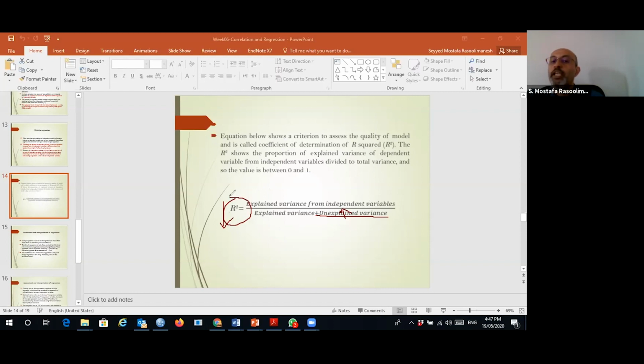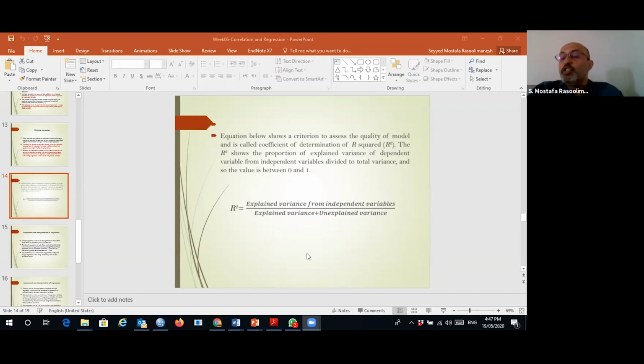So we try to get a higher R square, but it's not always possible, because R square depends on the independent variables and the variance explained by them. Sometimes we don't include all independent variables. When we don't include all independent variables, this R square will be low.